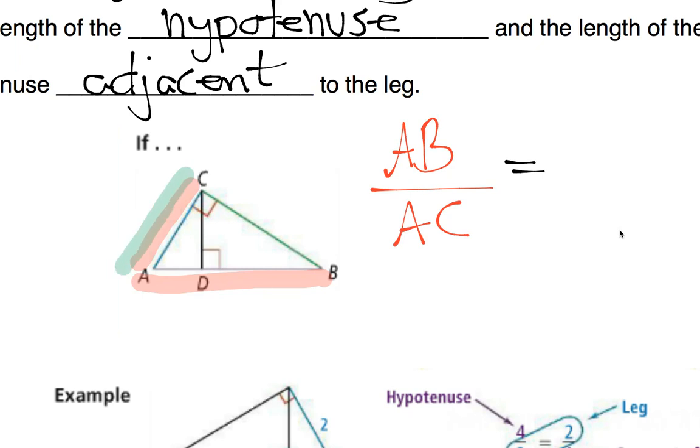So now it's going to be represented up top because AB over here is a hypotenuse. So up top is a hypotenuse, and AC is also a hypotenuse. And its corresponding leg that it goes with is AD.